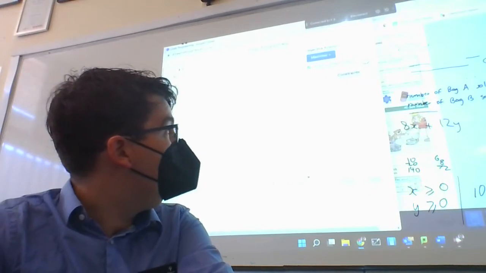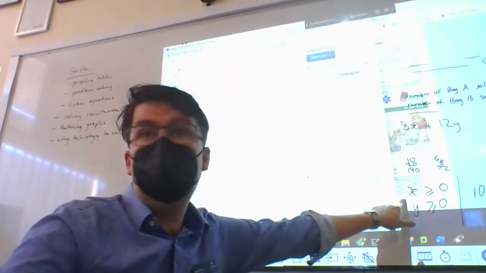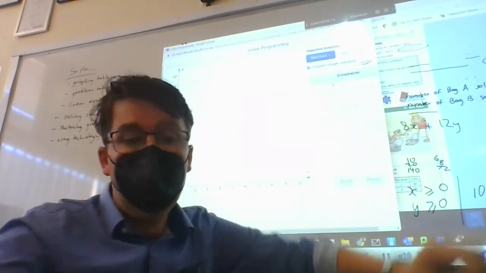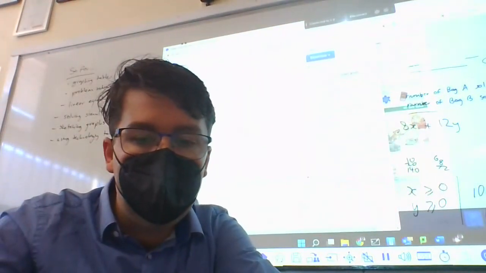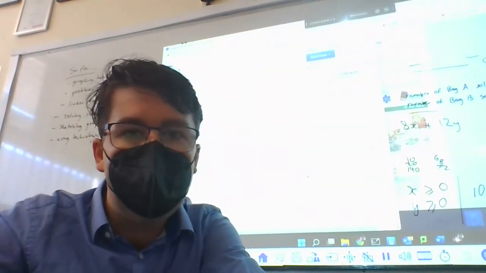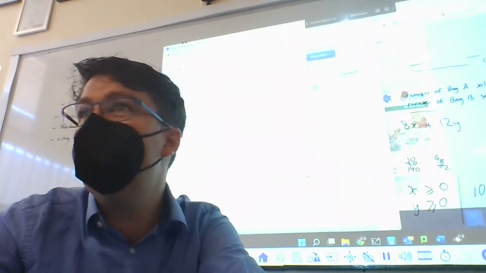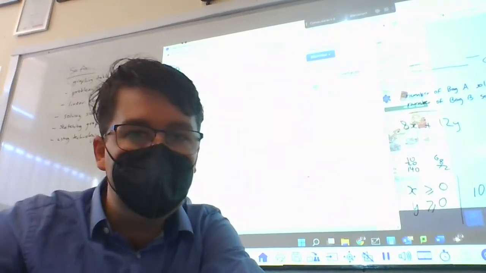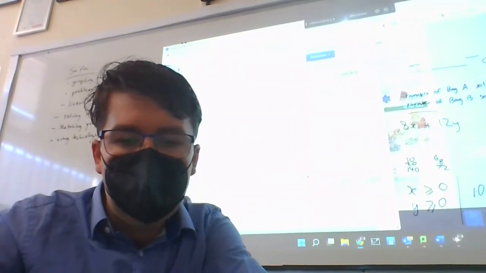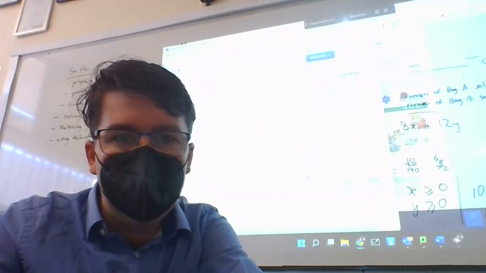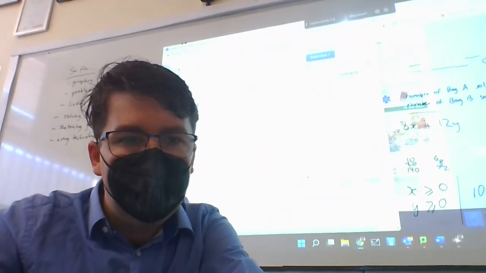Okay, let's type in our constraints. Remember our constraints were x is greater than or equal to 0. See, you have to put the greater than or equal to, as there's no greater than or equal to sign. y is greater than or equal to 0.